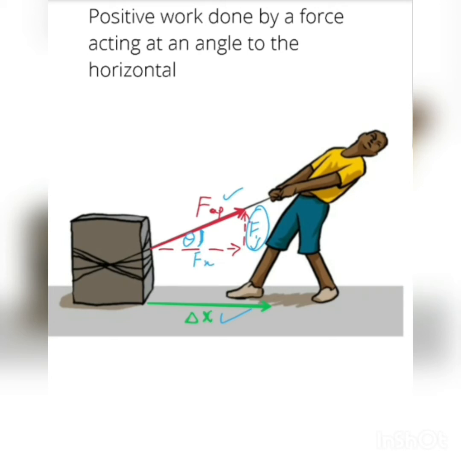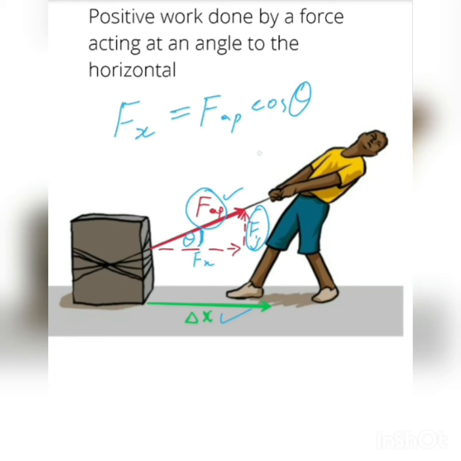Now, how are we going to go about writing this particular horizontal component of the applied force? We are going to use our trig ratios, and we understand from trigonometry that Fx in this case is going to be equal to the force applied multiplied by cos theta. And remember, theta is the angle between the applied force and the horizontal itself.